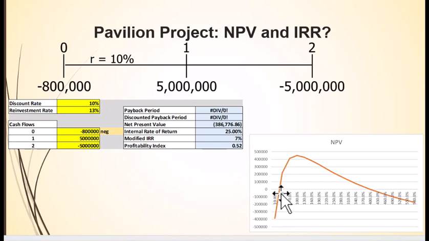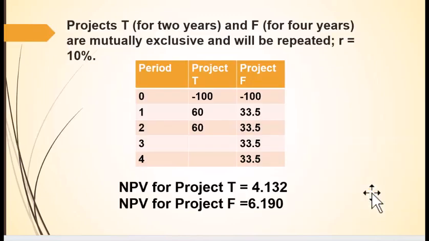So in this case, the answer could be down here around 25%, or it could be out here around 400%. Obviously, you will never find any projects that will get you a 400% rate of return. So again, the modified internal rate of return will take care of the non-normal cash flow issue if we're interested in an internal rate of return kind of answer.